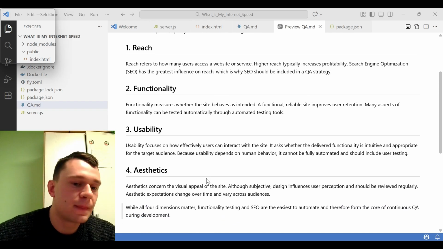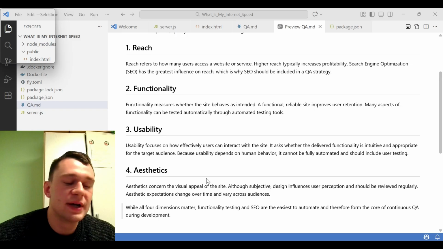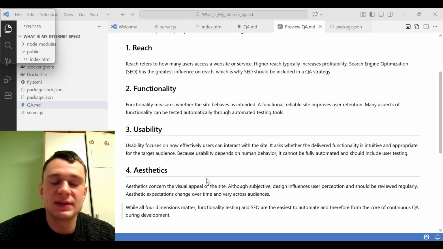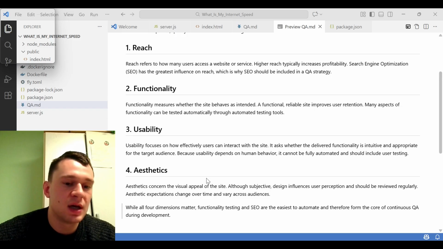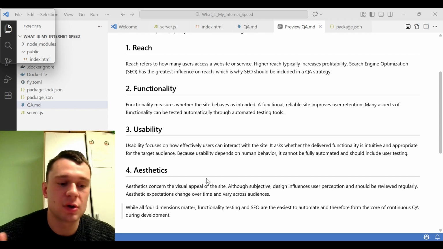The other one is functionality. Does the website do as you intended it to be? You always need to think about the dumbest user possible, so that he will still manage to use your website according to your plans. Otherwise, it's a fault on your behalf.